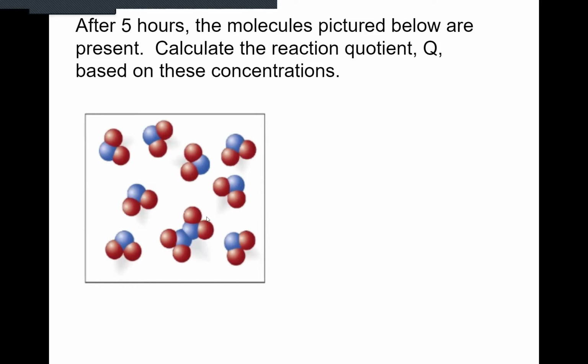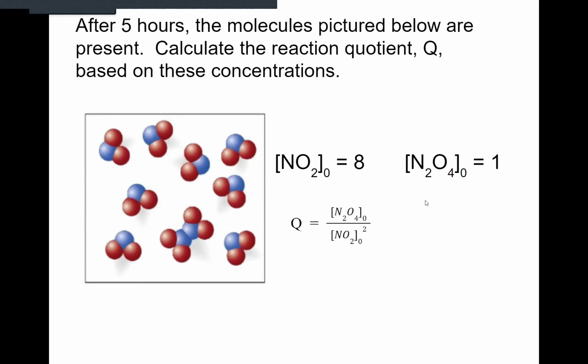See the big molecule towards the bottom that consists of 2 blue spheres and 4 red spheres? That's the N2O4 molecule. There's only one of them. And there are 1, 2, 3, 4, 5, 6, 7, 8 of the reactant molecules NO2. So at this point in time, our concentration of NO2 is 8, and our concentration of N2O4 is 1.